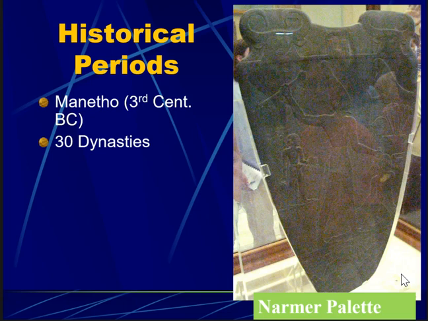30 dynasties. Okay, what's a dynasty? Multiple generations of a family controlling a country. Yes, normally it's multiple generations. You're right, of a family unit or a family line that controls being the pharaoh, being the house, the royalty of the country.